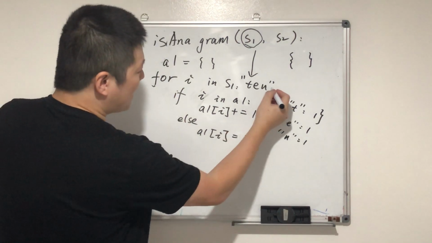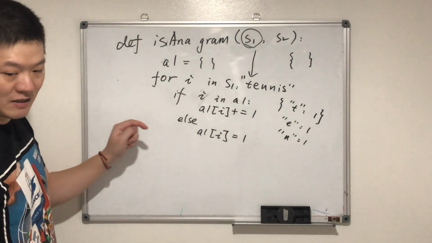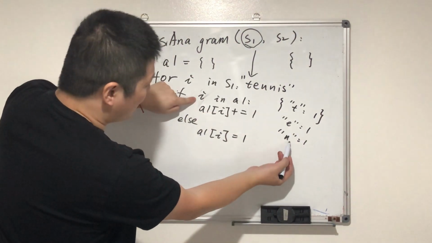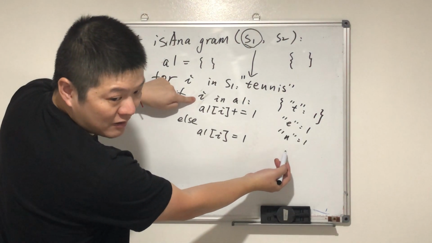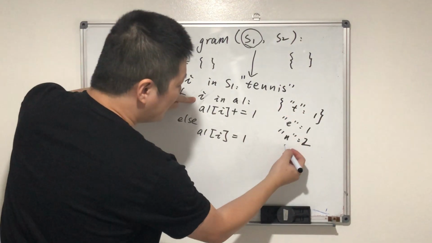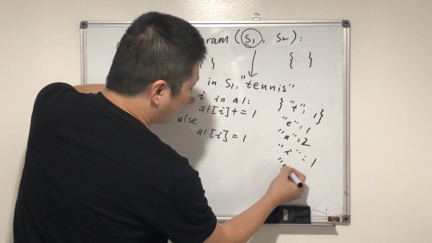If I have another word like tennis, and n appears in A1, so this will be incremented to 2, right, Eric? Do you get it? And then I will be 1, and S will be 1 as well.